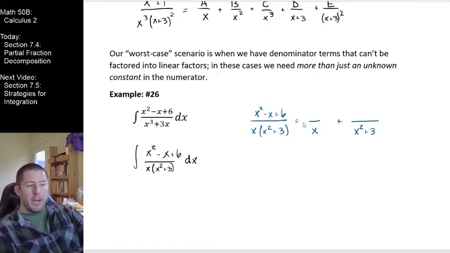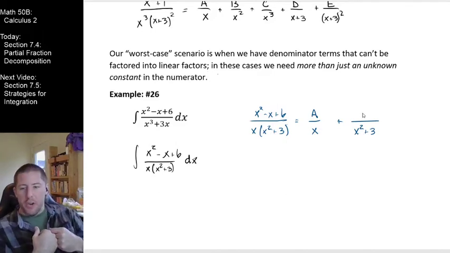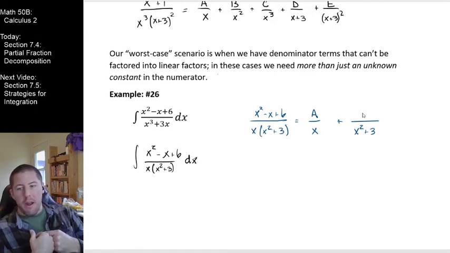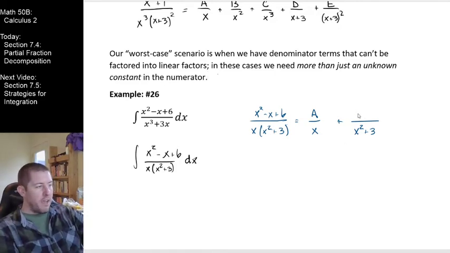So what's ever so slightly different in this case is that since x is a linear factor, it just gets an unknown constant as its numerator like before. Since this is a quadratic that we can't break down any further, it's going to get an unknown that is one degree lower in the numerator. One degree less than quadratic is linear. So for my numerator I'm going to give it bx plus c.